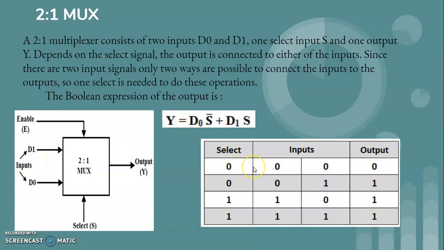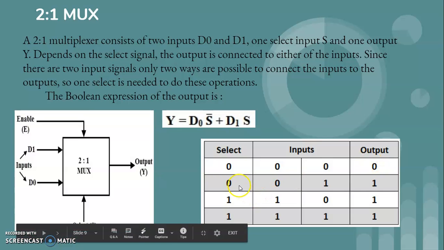This is the truth table of 2:1 mux. If the select line is 0 and both the inputs are 0, it will produce output as 0. If the select line is 0 and first input is 0 and the second is 1, then the output will be 1.